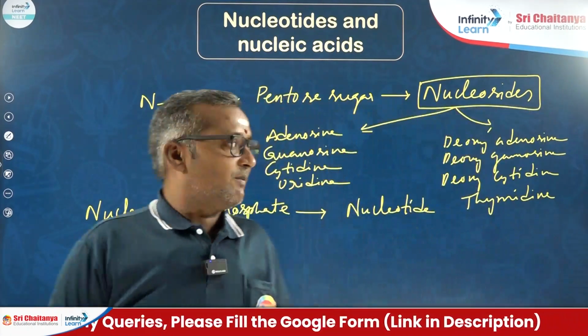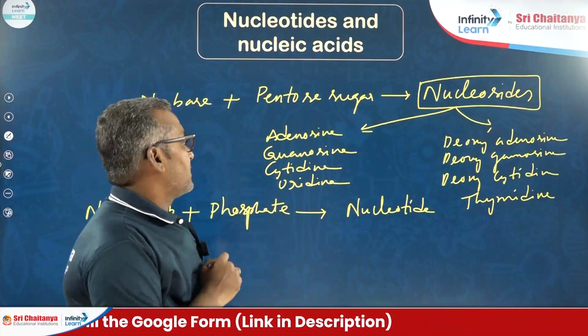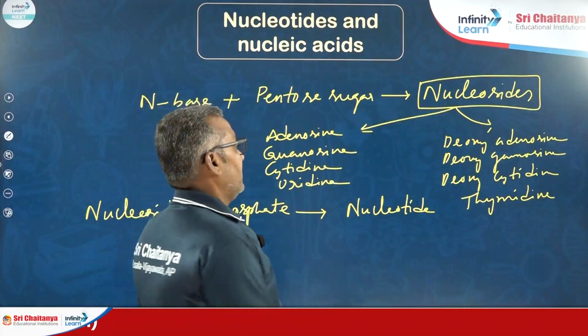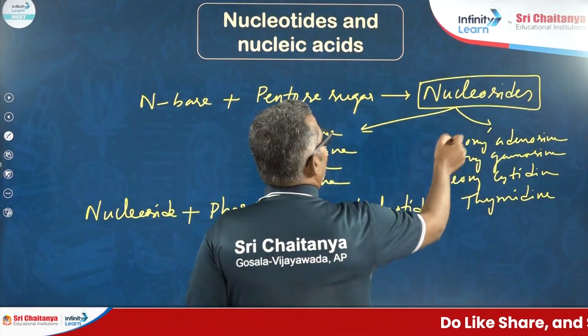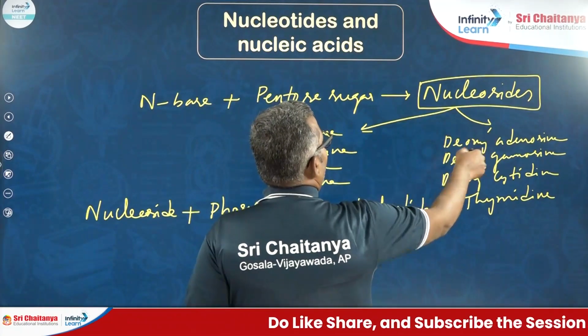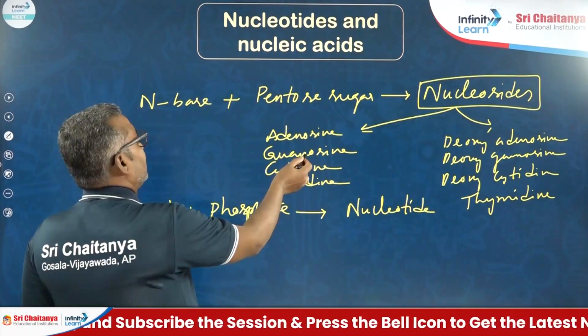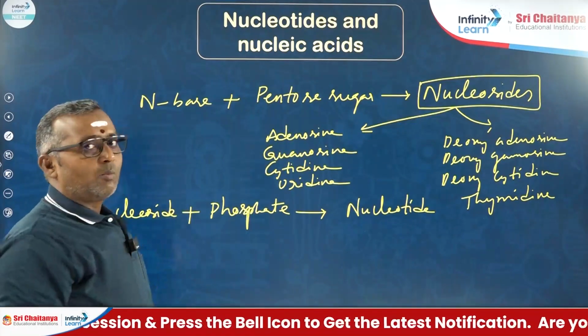That is the difference between nucleosides of DNA and RNA. The only difference is that in DNA nucleosides the nitrogen base is attached to deoxyribose sugar, whereas in RNA nucleosides the nitrogen base is attached to ribose sugar.